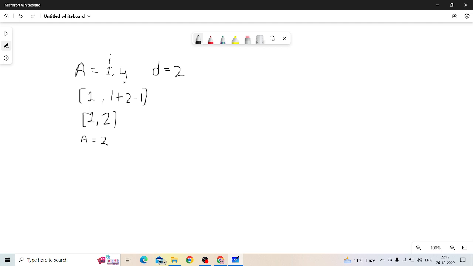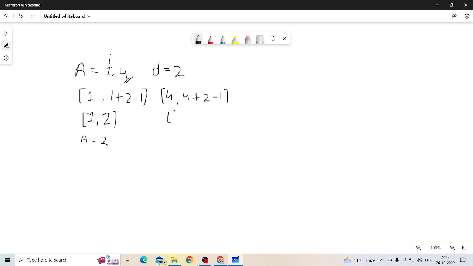Now Teemo will attack at the fourth second. At the fourth second, the duration is from 4 to t plus duration minus 1. We have to include both of them.